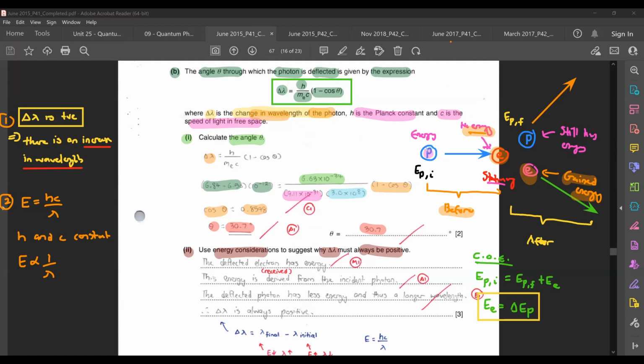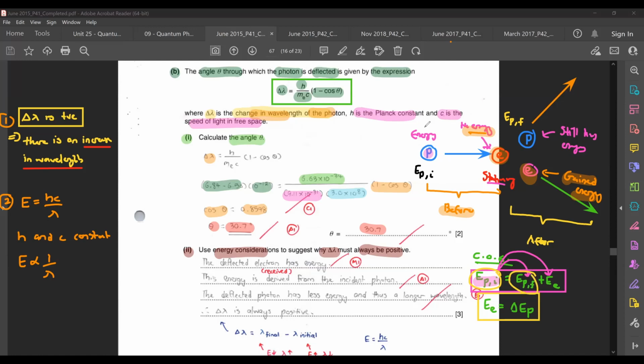Your energy of your electron is actually the difference in energy of your photon. But the one thing that you are really interested in here is from this equation. In your conservation of energy equation, your energy of your photon initially got split out into your energy of your photon after collision, as well as your energy of your electron. So what you're interested to know is the relation between the energy of photon before collision and energy of photon after collision.